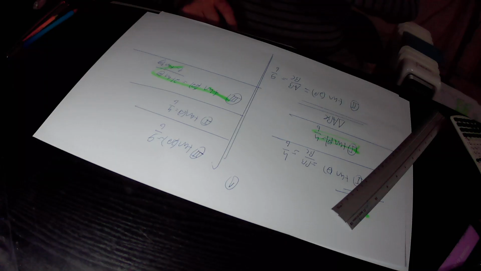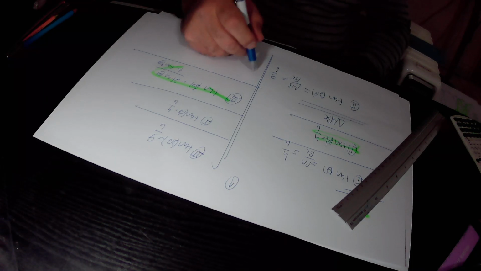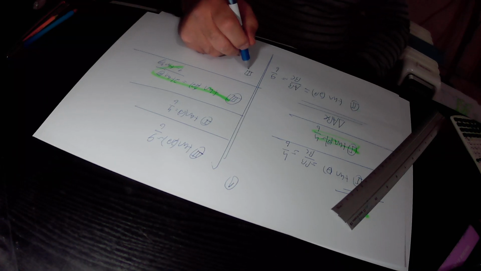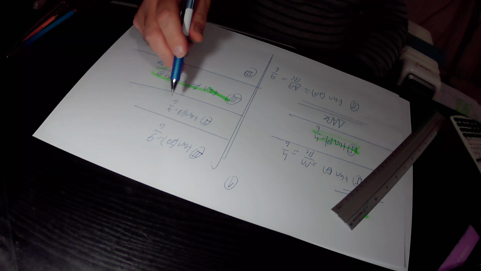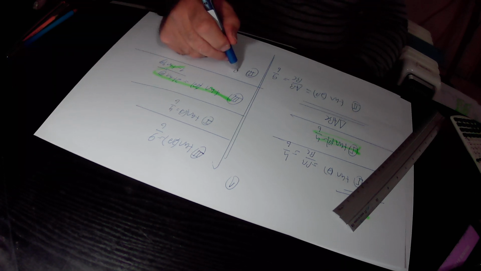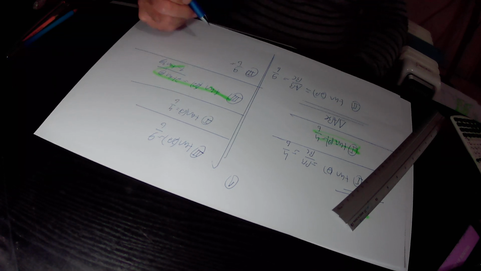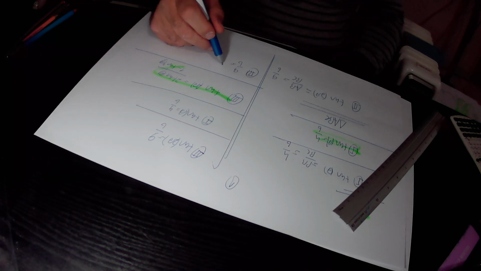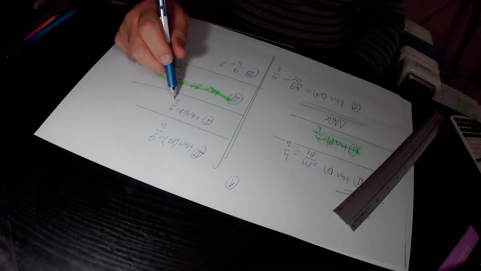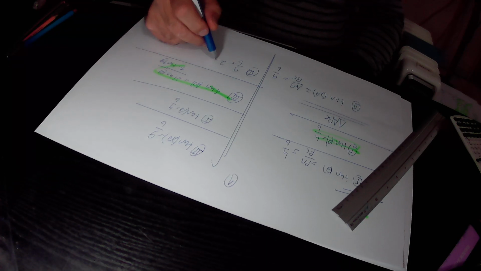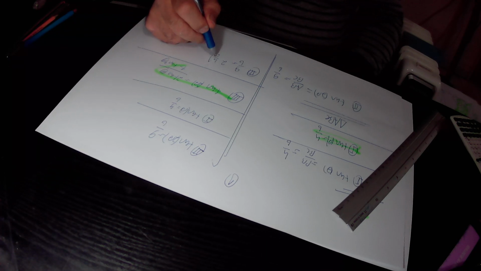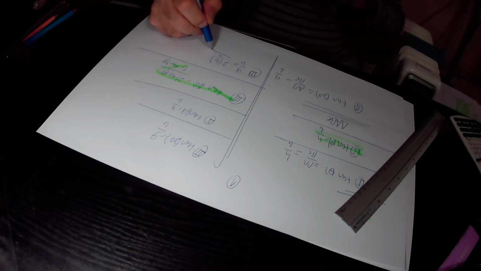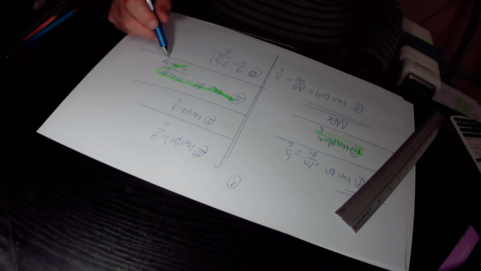We get that tangent 2 theta equals 9 over b, and it equals 2 times tangent theta, where tangent theta equals 4 over b, over 1 minus tangent square theta.